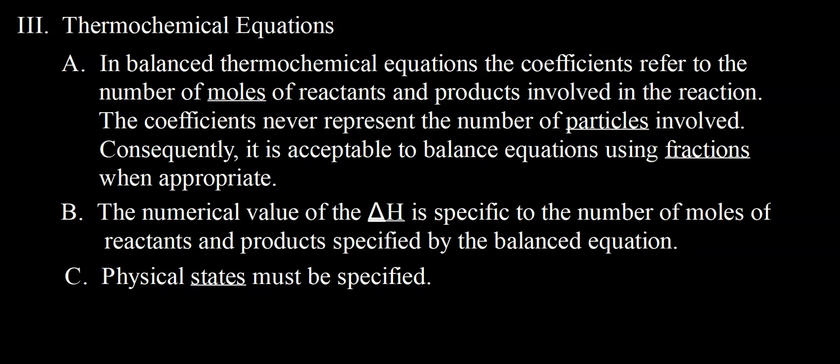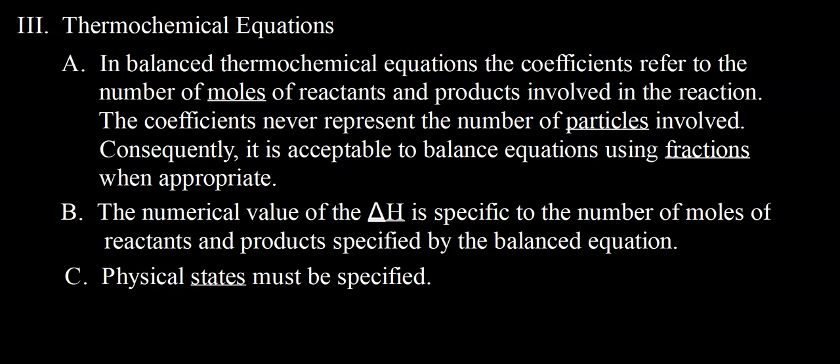In balanced thermochemical equations, the coefficients refer to the number of moles of reactants and products involved in the reaction. Now, this is always true, but sometimes we can interpret the coefficients as the number of particles, and we can't do so in this case. So the coefficients represent the moles of each of the substances involved in the reaction, and not the number of particles.